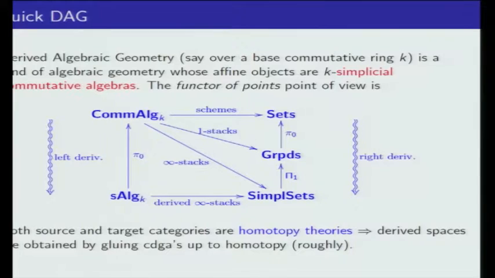But basically, if you want an idea of what's going on here, you want to glue, like for schemes, where you glue commutative algebras up to isomorphism or spectra of them. Here you want to glue simplicial algebras, but not up to isomorphism. So you don't want a space with a sheaf of simplicial algebras, but you want to glue these simplicial algebras up to weak equivalences, weak homotopy equivalences. I mean, this is the image of what one wants to do, but this is not the way it's technically constructed.